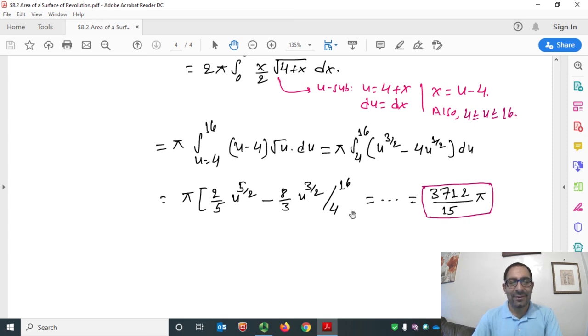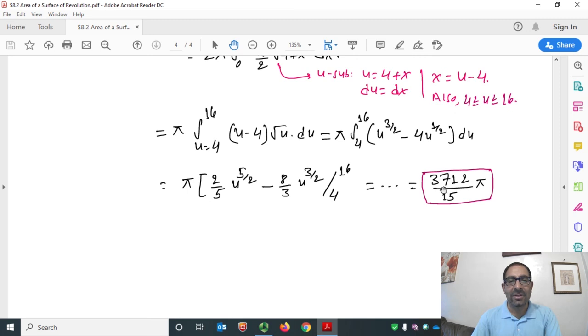So now put u equals the upper limit 16, put u equals the lower limit 4, and subtract these two values, meaning the value you obtain by putting in the upper limit and the value you obtain by putting in the lower limit, and simplify. It turns out that the surface area is 3712 pi over 15. Great. Now we finish this section 8.2. Thank you.